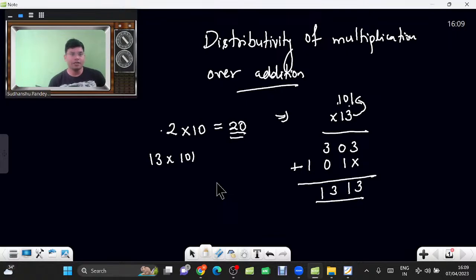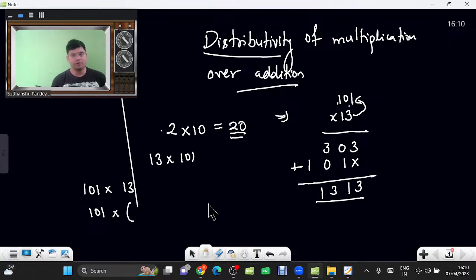But unawarely we have used the distributivity of multiplication over addition. How? What we have done is actually 101 multiplied by 13. In that 13 also, we have done 101 multiplied by 3 plus 10.